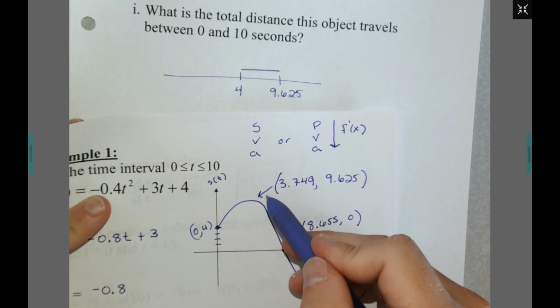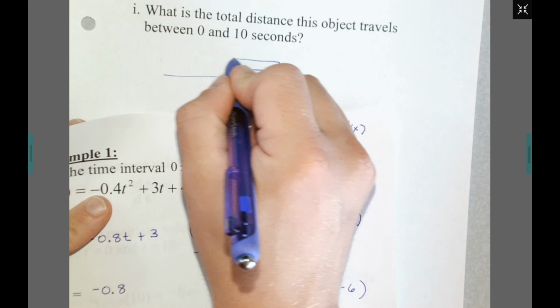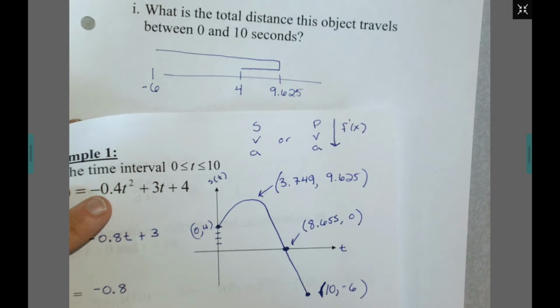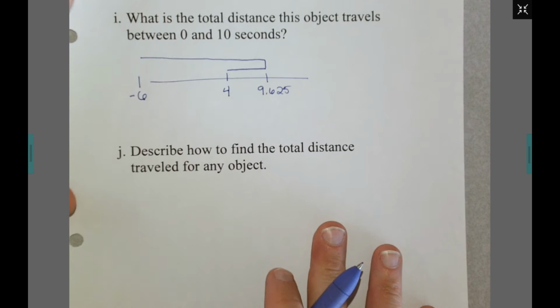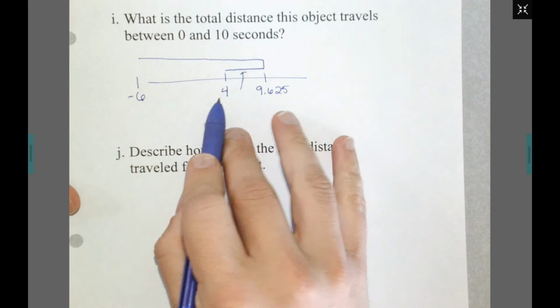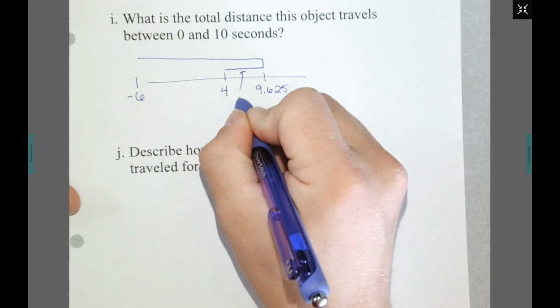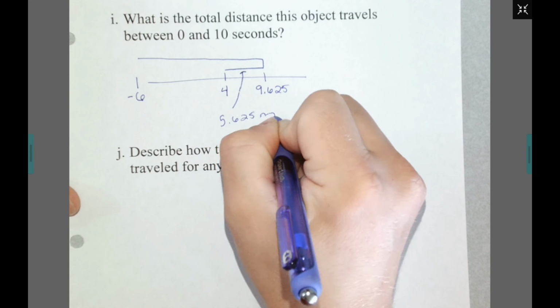That person or object then turned around and walked all the way back to -6. Okay, so we want to know what is the total distance that person walked. Well, this first part right here, from 4 to 9.625 is going to be 5.625 meters.